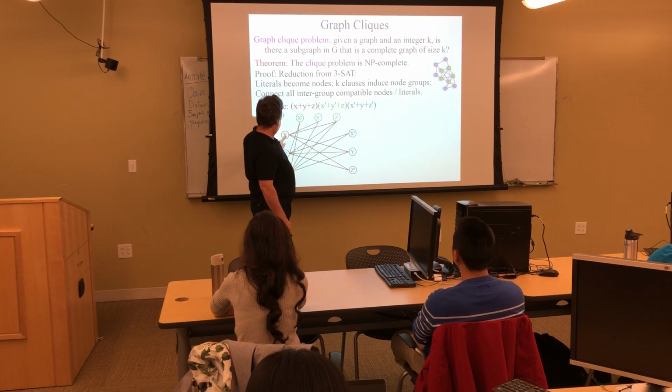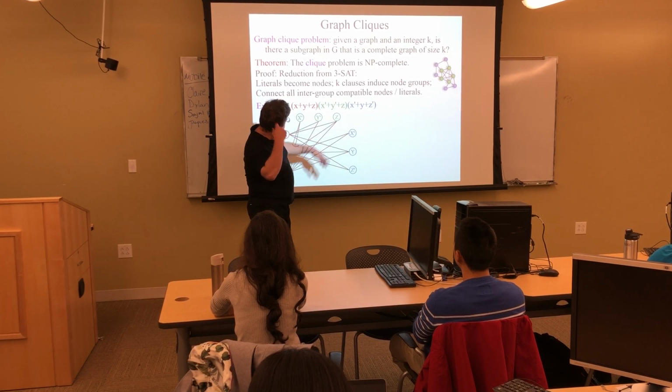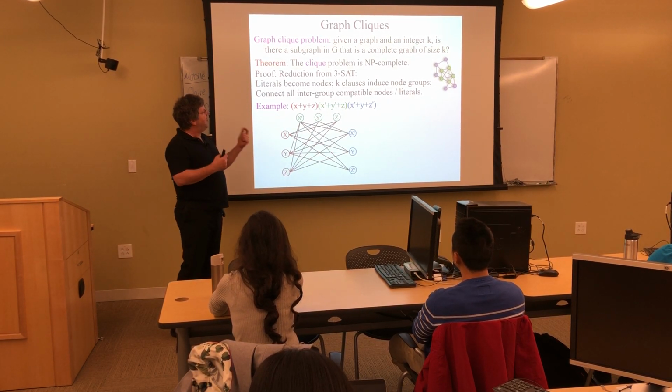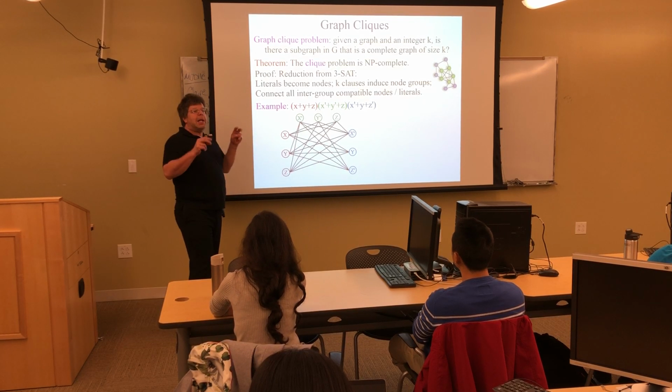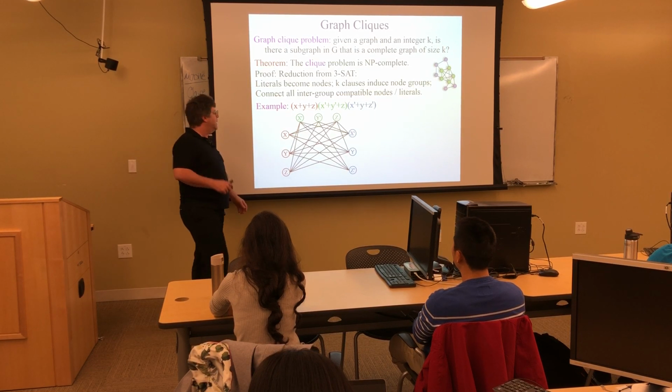So x naught is connected to y, and it's also connected to z. Okay, and so on and so on. All these edges are basically which variable is compatible with which other variable, clause by clause, all possibilities.